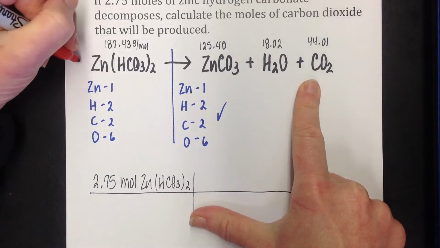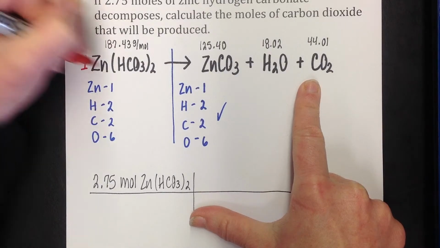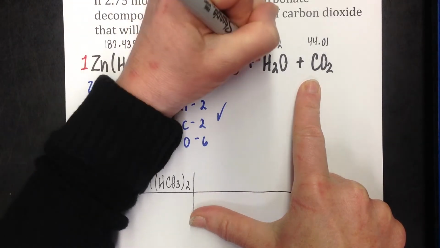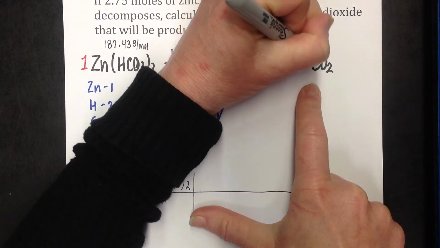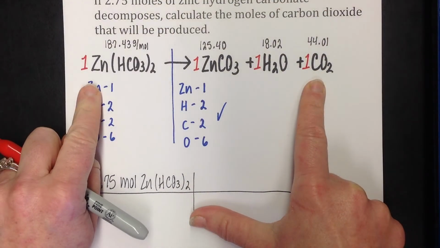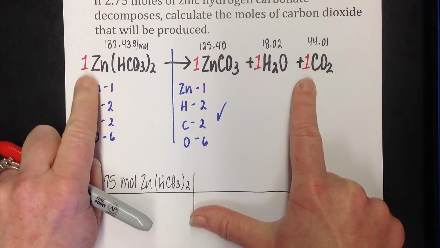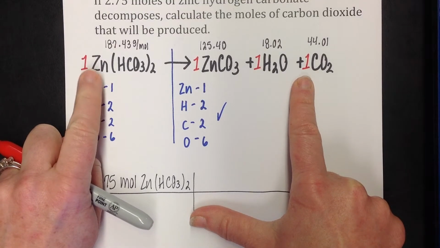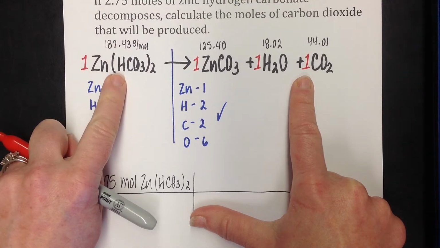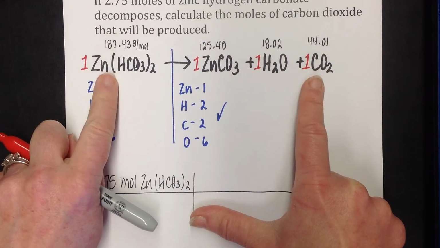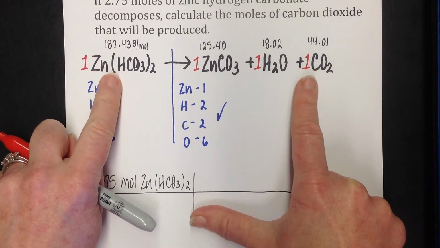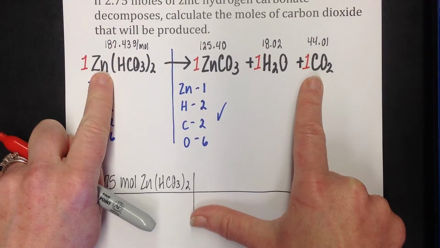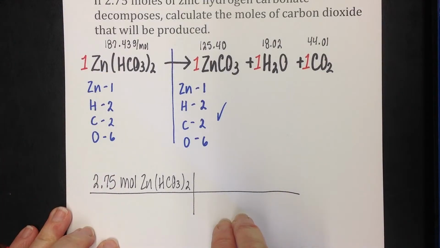Now, we don't write ones when they're coefficients, but technically all of these were ones. So that means there is a 1-to-1 ratio, I get that right here, between zinc hydrogen carbonate and carbon dioxide. So these two make up my mole-to-mole ratio, what they gave me and what they want. What they gave me is going to go on the bottom.